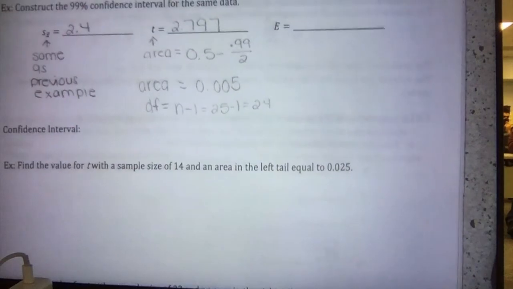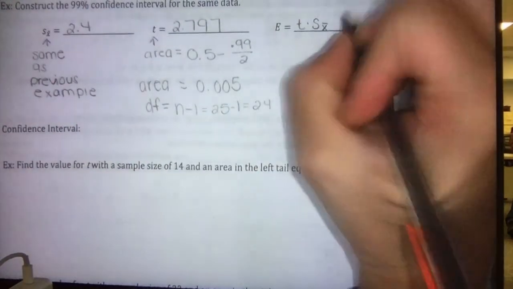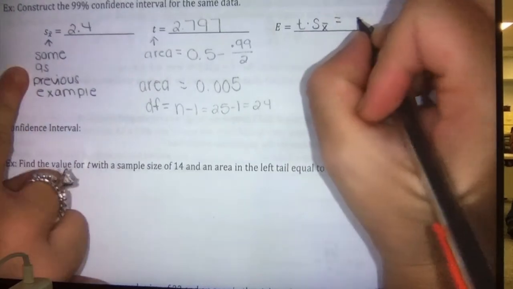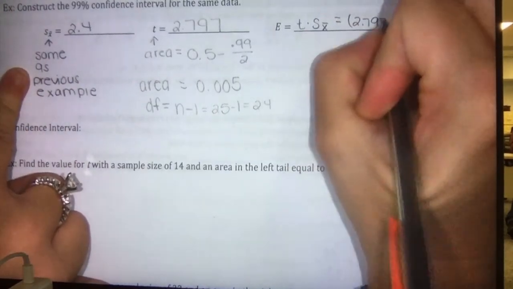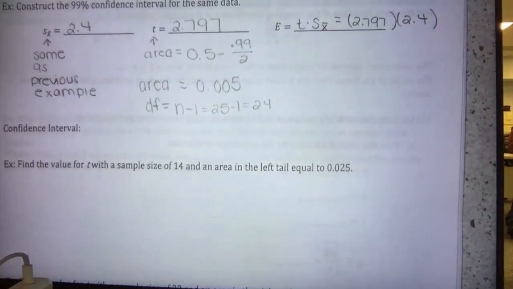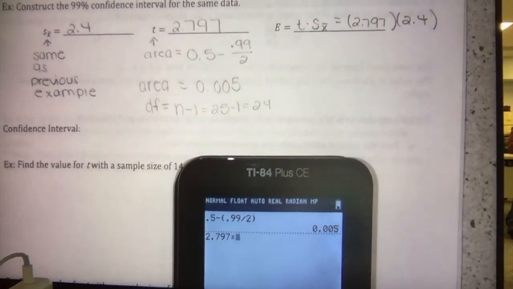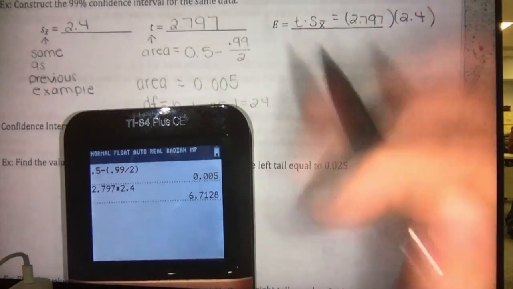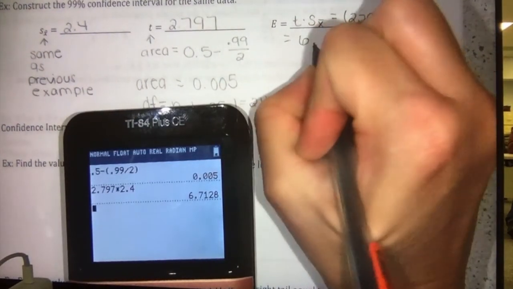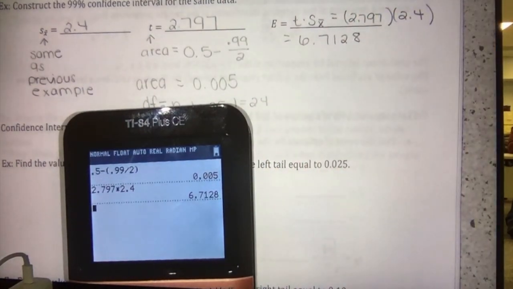So now we need to find our error. Remember, our error is t times s sub x bar. So we have our 2.797 times our standard deviation for our sampling distribution, which is 2.4. And we will get our error is 6.7128. So now remember, this is all just getting us ready to find the confidence interval.